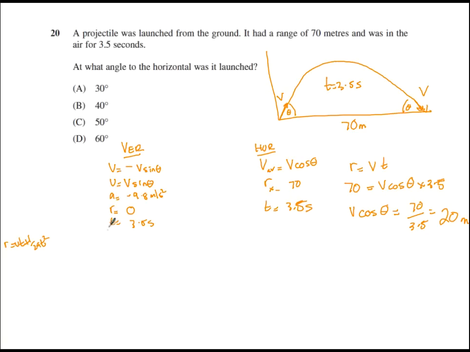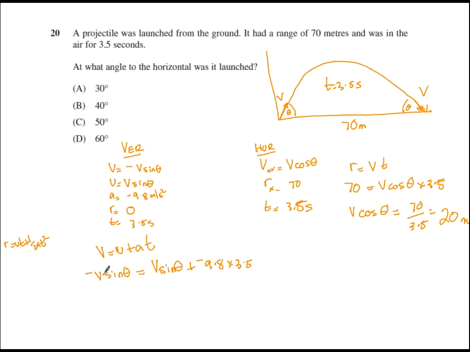So over here, I'm going to use v is equal to u plus at. And then I get negative v sine theta equals positive v sine theta plus negative 9.8 times 3.5.